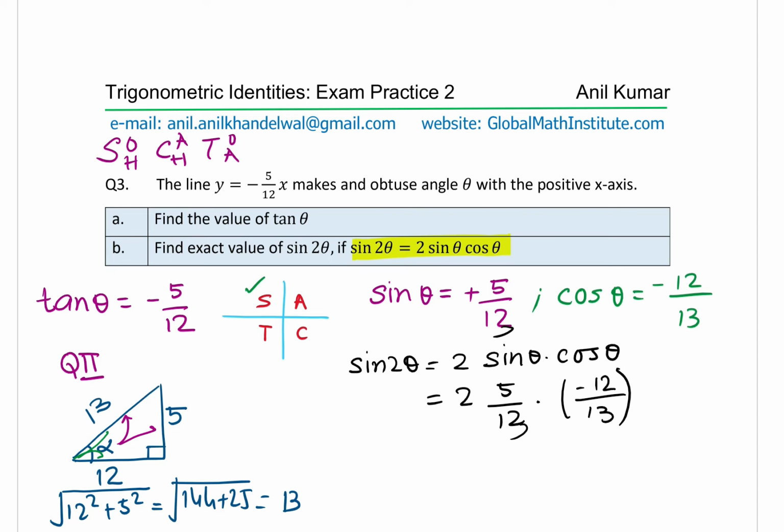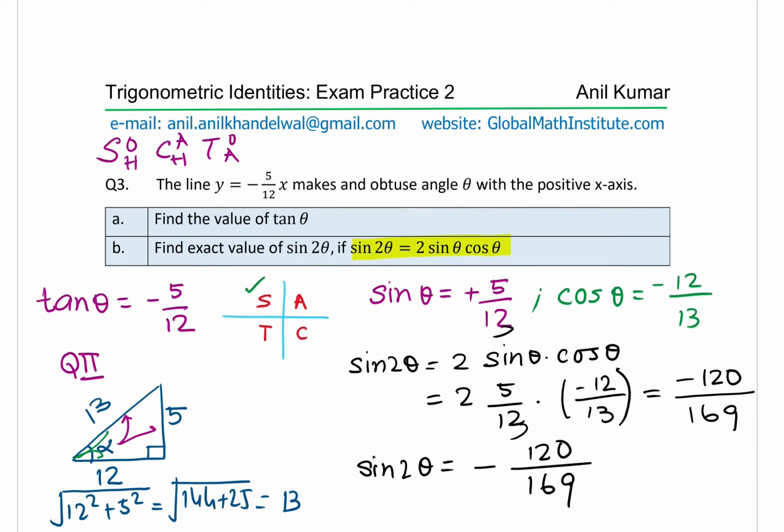Correct? So 13 times 13 is 169, and we get negative out above. So 10 times 12 is 120. So sine 2 theta is equal to negative 120 over 169.